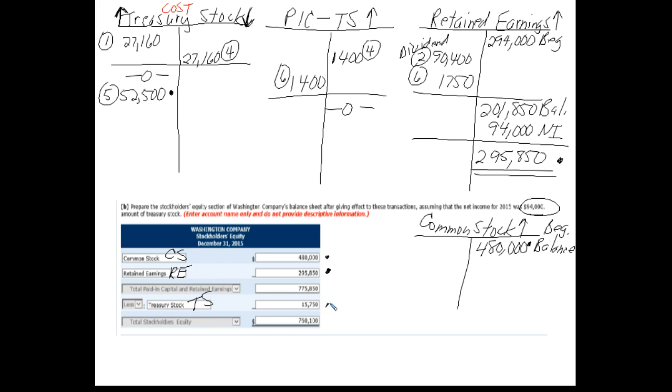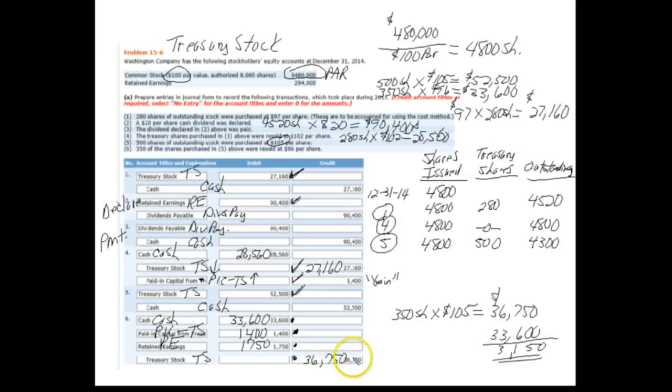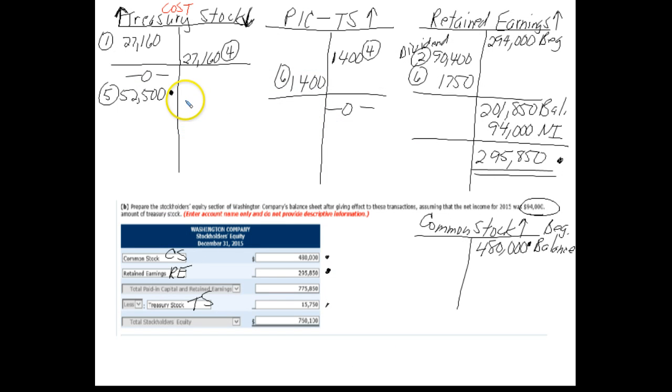I messed up. I didn't post our last transaction to treasury stock, did I? I did not get that $36,750 posted there. So let's do that. $36,750. So that will give us an ending balance of $15,750.